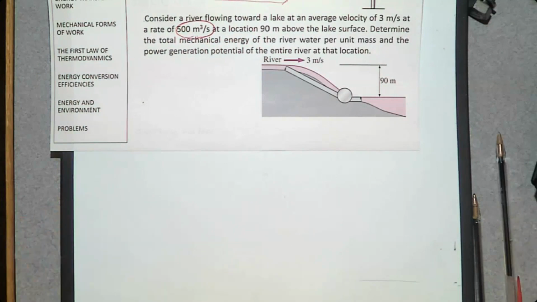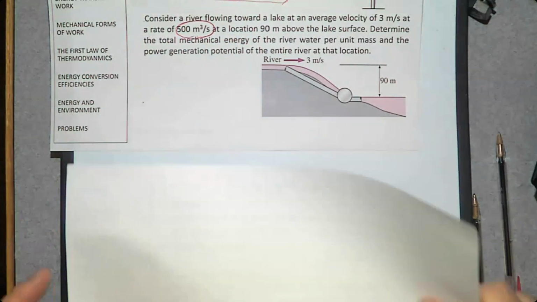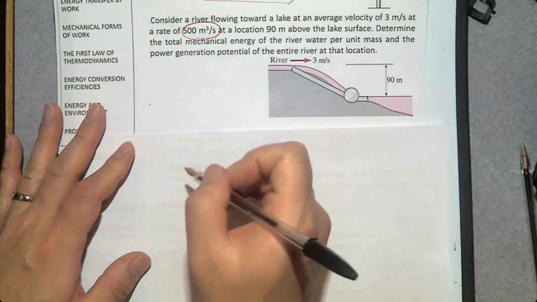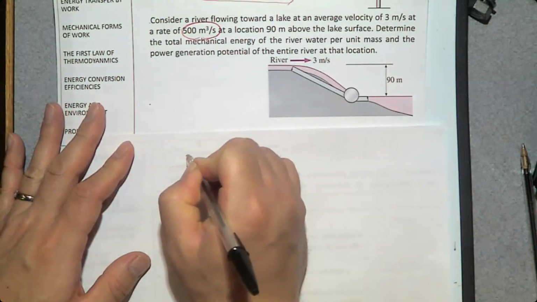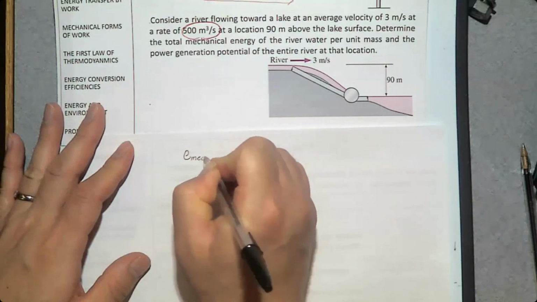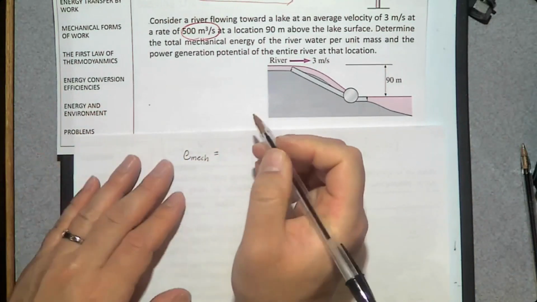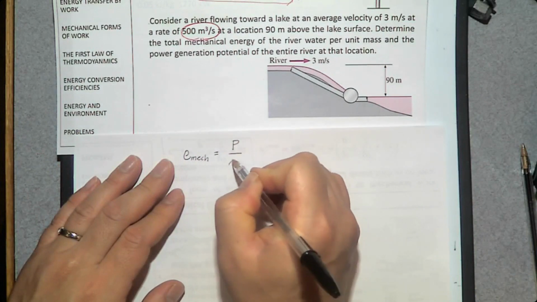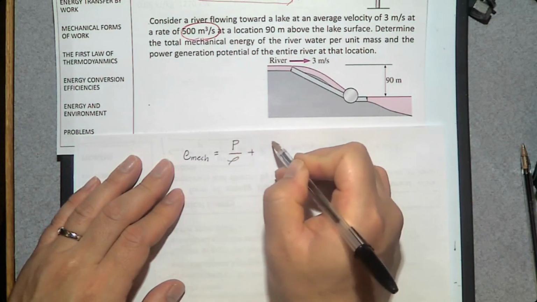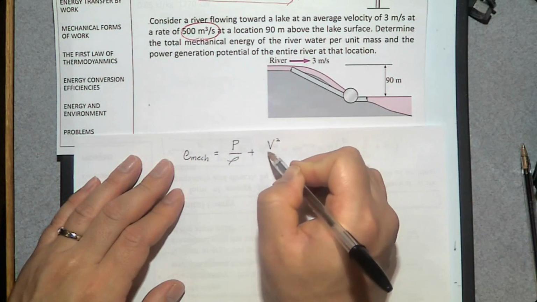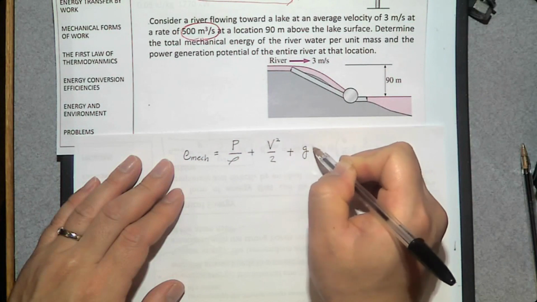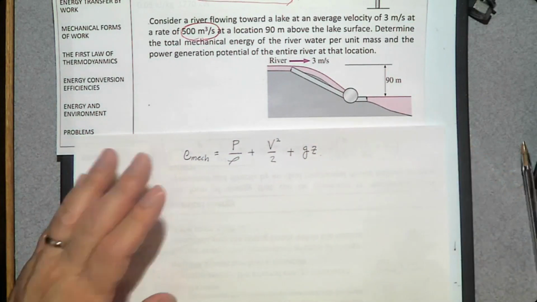So we are going to calculate the specific mechanical energy, that can be determined by flow energy, pressure over density, plus kinetic energy, velocity square over 2, plus potential energy, gravity times elevation, z.